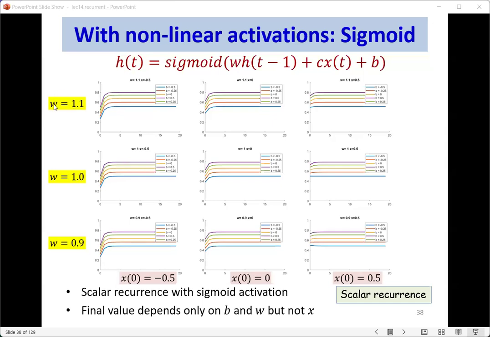The top row is weight 1.1. Second one is weight 1. The third is weight 0.9. And within each picture, there are 5 plots. They represent 5 different values of the bias as shown in the figure. And then the 3 columns represent 3 different initial values of x, minus 0.5, 0, and 0.5.